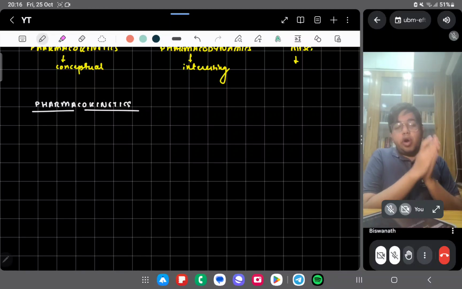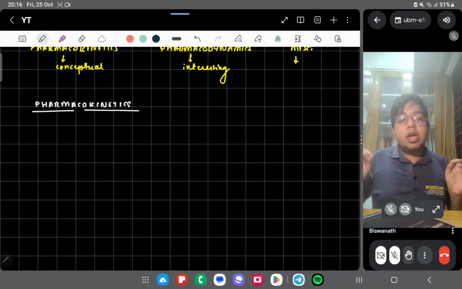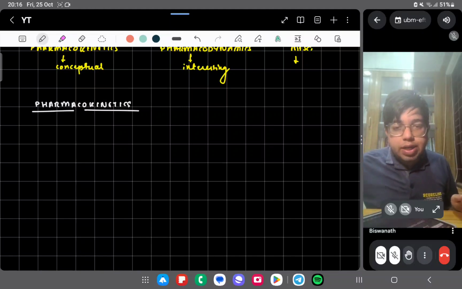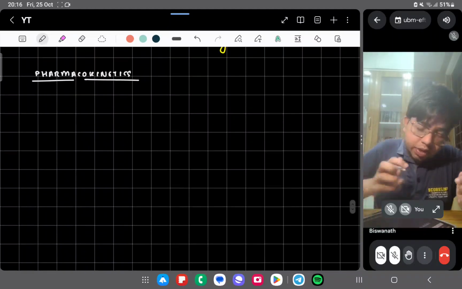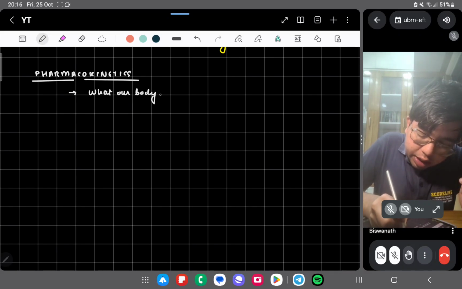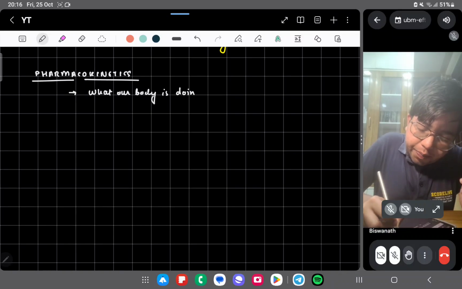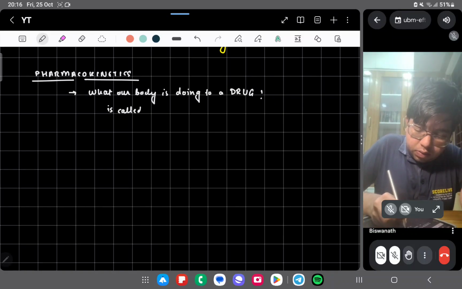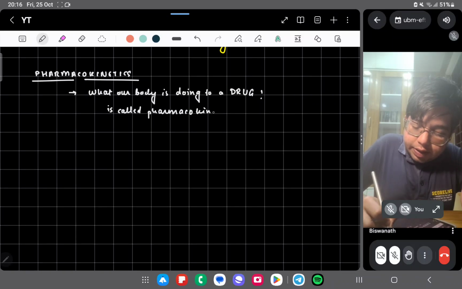What our body is doing to a drug is called pharmacokinetics, and what the drug is doing to our body is called pharmacodynamics.